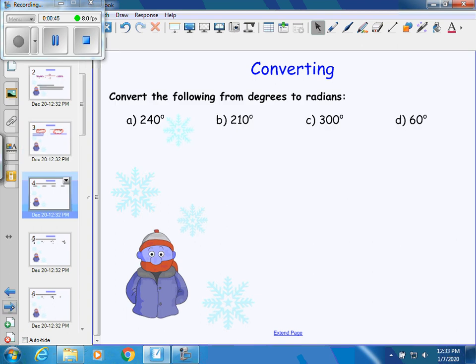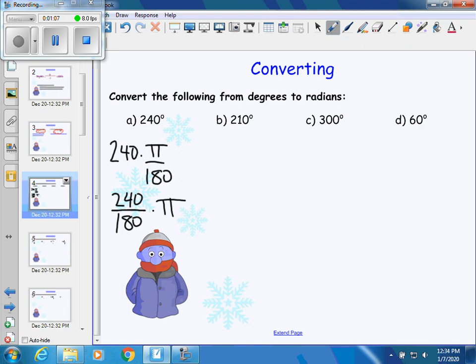So we've got 240. We're going to take 240 and multiply it by pi over 180. Now in your calculator, I do not want you to type pi. You're just going to type the number 240 divided by 180 and multiply it by pi, and we're going to stick pi on the answer.